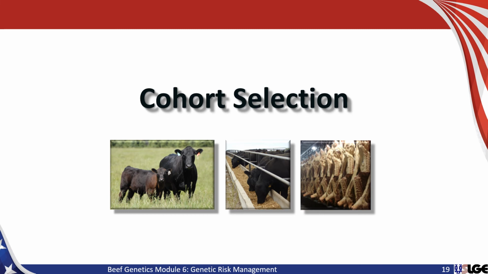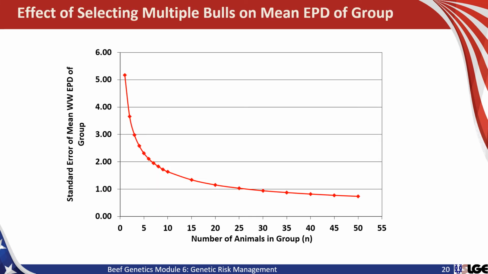In this case, we should think about, well, what is the target EPD and how do we improve the accuracy or decrease risk associated with that selection? One of the things that we know is that animals, some of them will improve in terms of their EPD and some will decline based on progeny data submitted. But if we turn out a cohort of bulls, we have a tendency to have better reliability and better prediction. We get the response that we anticipated.